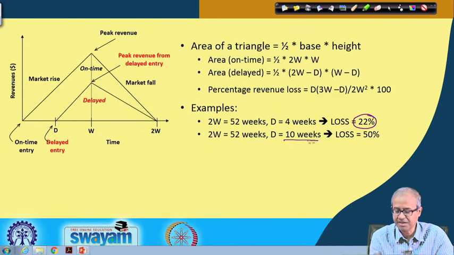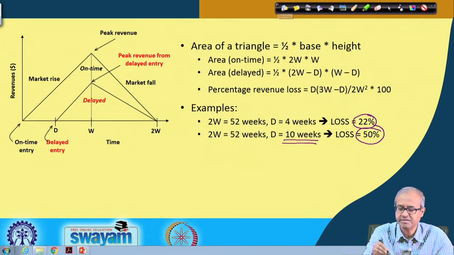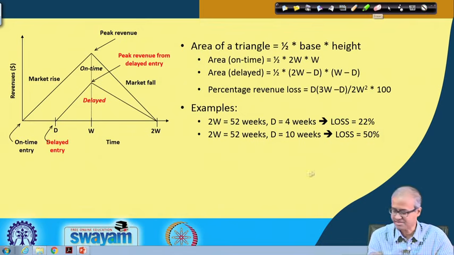But if you are delayed by 10 weeks, your loss becomes as large as 50%. So you see that your loss increases very rapidly and this delay becomes very costly for the financial viability of a product. This is a very important consideration.